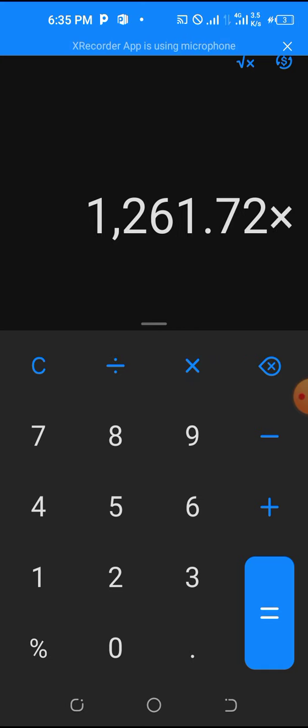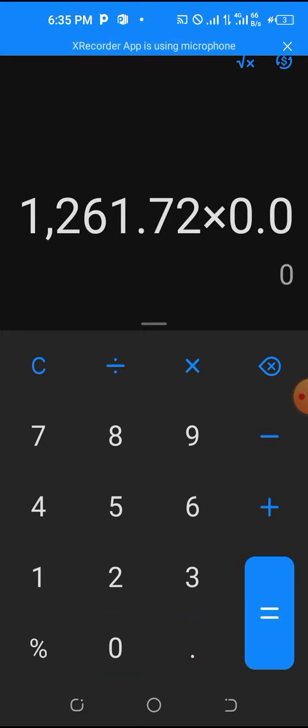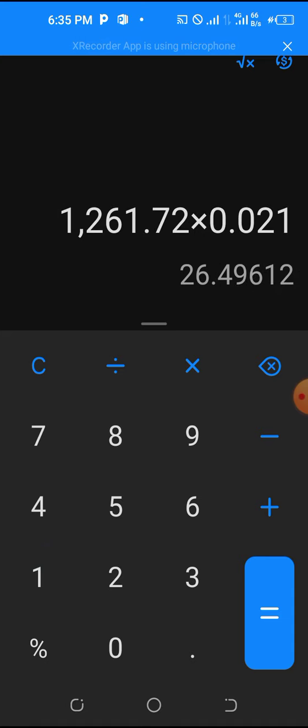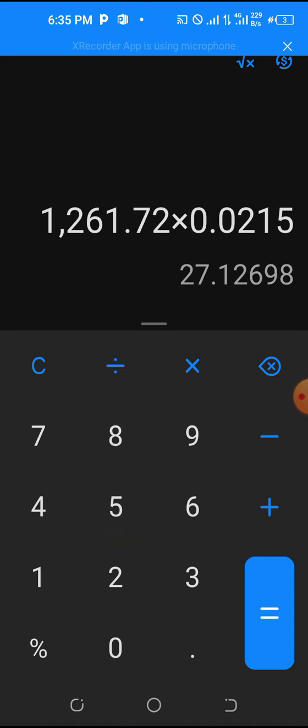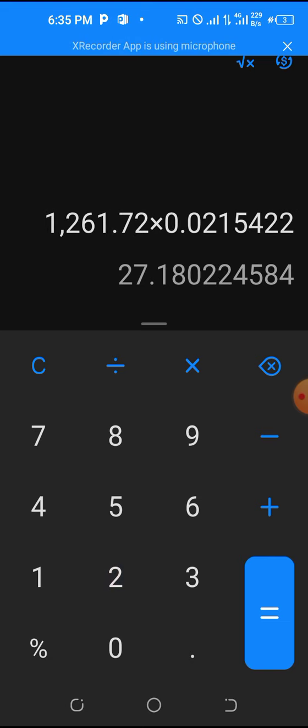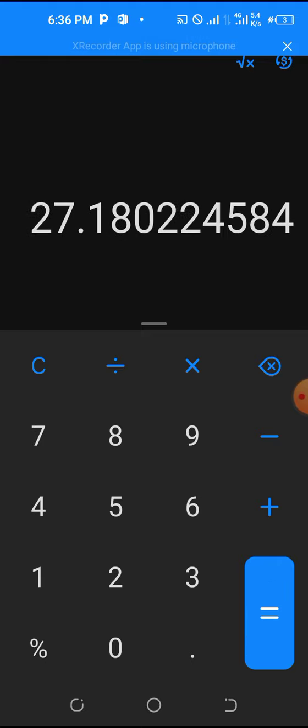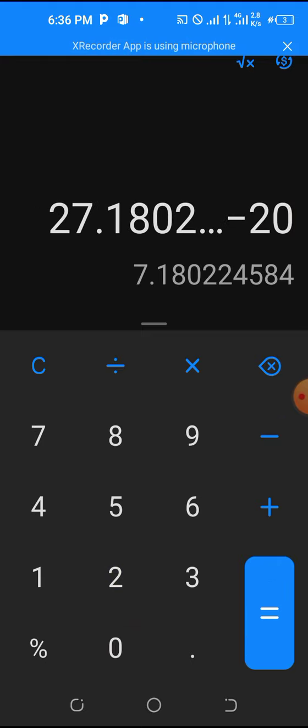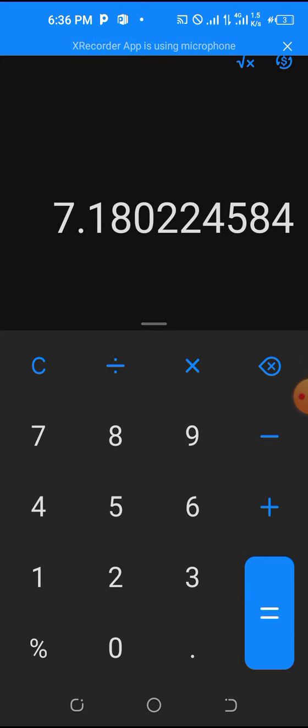Times, let's say the price now increases to 0.02121542. You see, this is the amount I'm making. I'm making $27.18, minus my $20. So I'm making $7 profit, just from my $20 investment.